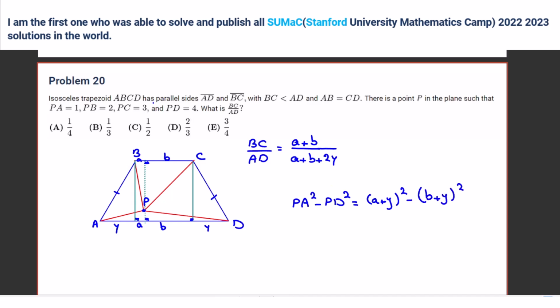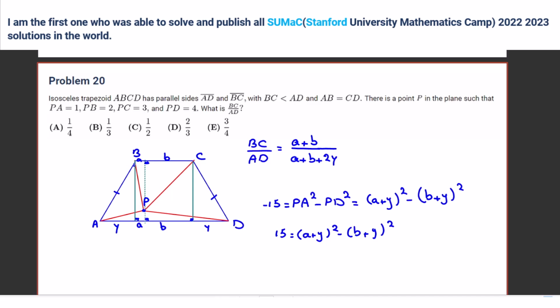Because PA is less than PD, PA squared minus PD squared is 1 minus 16, negative 15. Or we can say 15 is equal to (b plus y) squared minus (a plus y) squared, right?